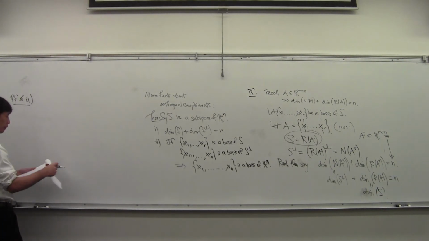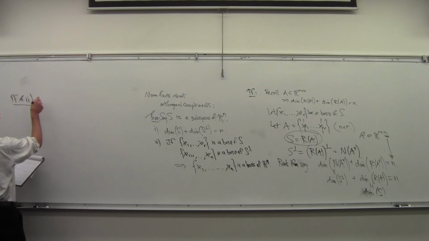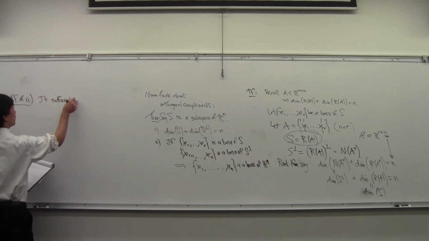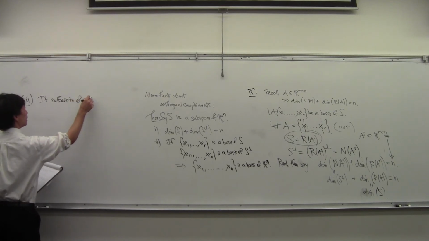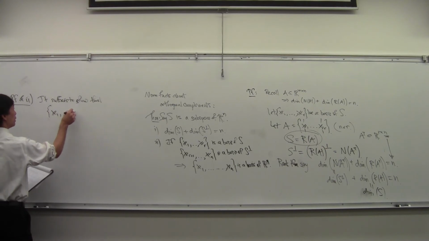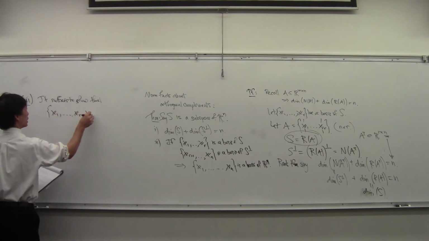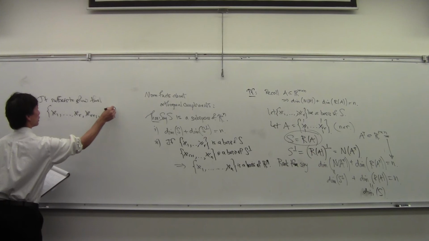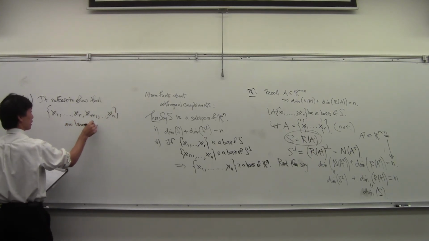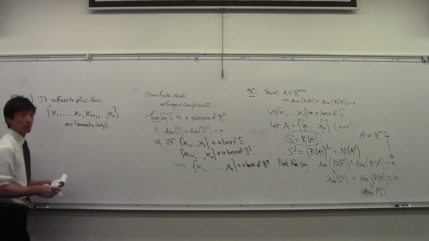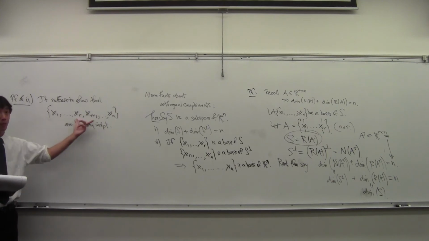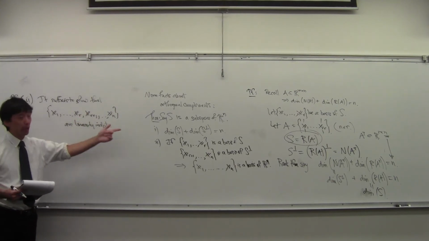Well, it suffices to show that this whole collection, x1 through xr, xr plus 1 through xn, are linearly independent, because there are n of them and we're in Rn.